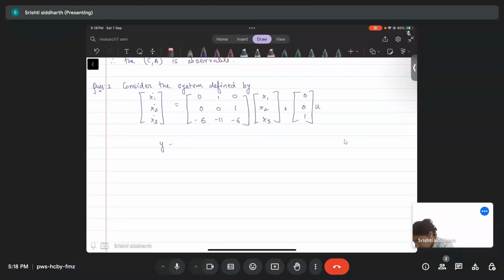And the output is given by C1, C2, C3 times x1, x2, x3. So I'm going to write down what the question is. Accept the trivial choice of these three coefficients being 0.